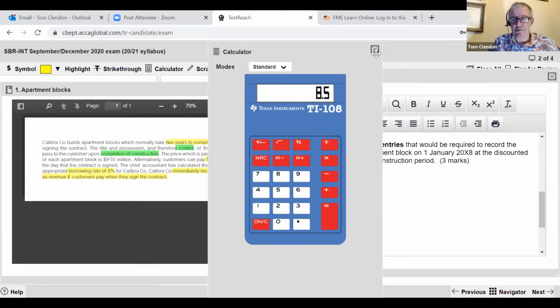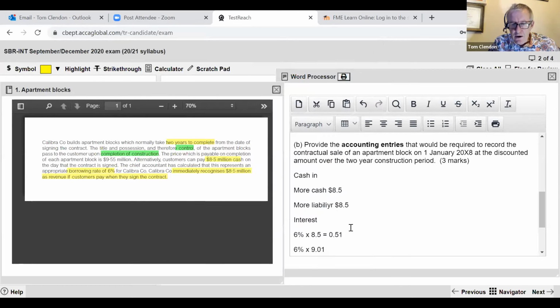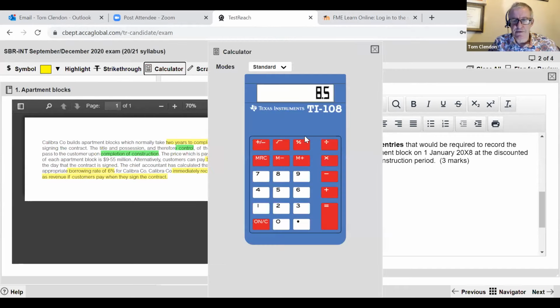Let me just go back, double check. As I say, memory like a sieve. 9.01, isn't it? Yeah, 9.01. My mistake. So let me clear, 9.01, and we're multiplying that by 6%. And therefore we get a number which doesn't make sense because I have messed up once.